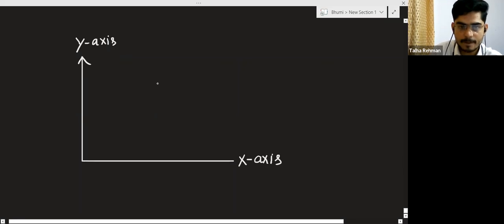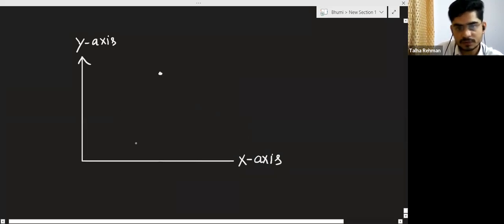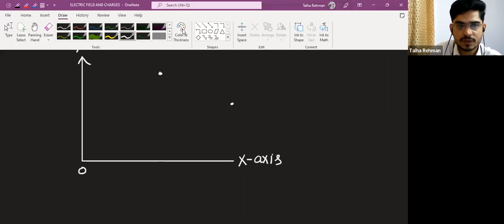Suppose here is one point charge, and here is another point charge, with respect to these axes, and this is the origin.